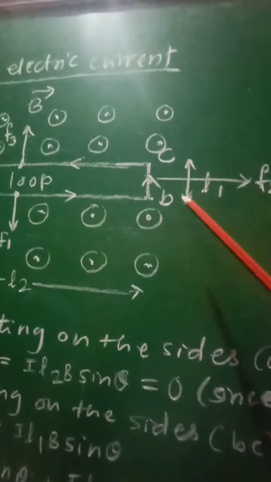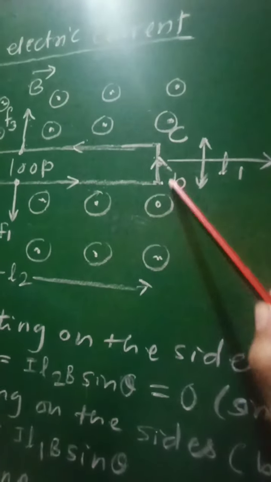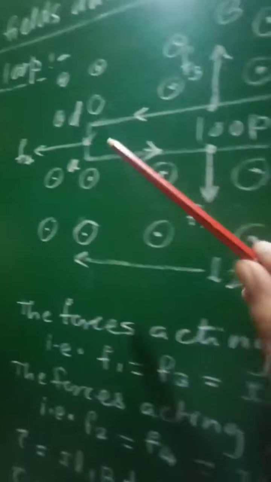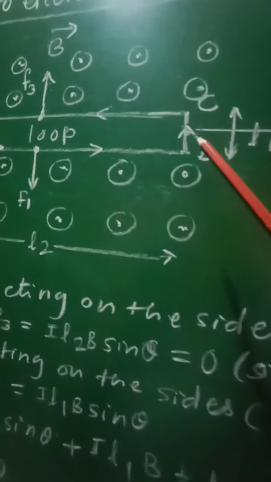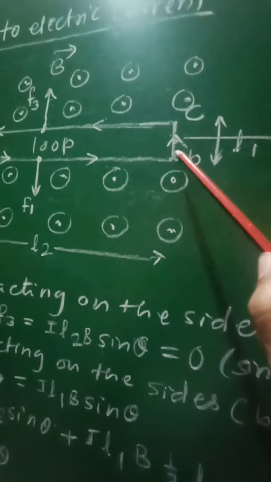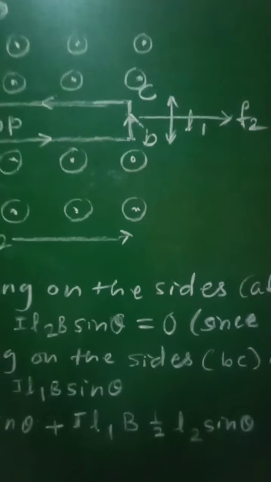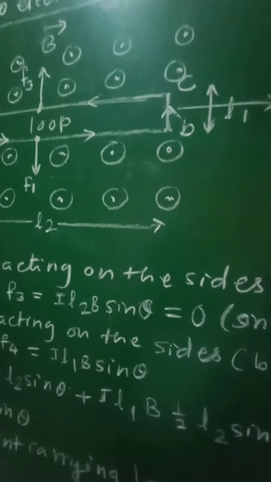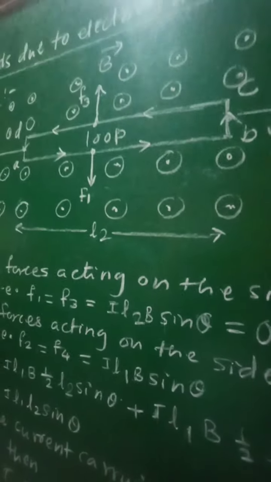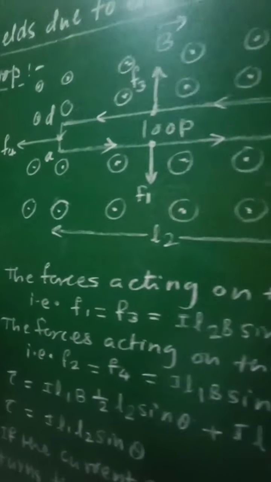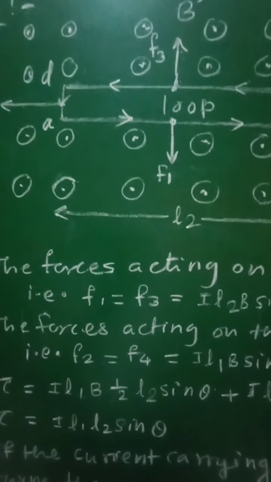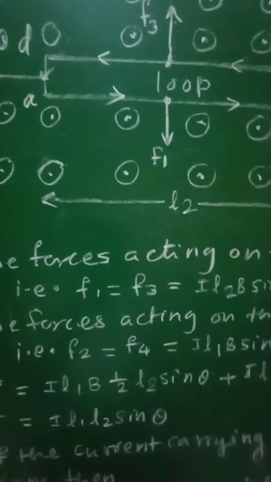Similarly for this side BC, the direction of current is reversed as compared with AD, and the magnetic field is again acting in the same direction, hence the force will be directed towards right, that is F2. So in this way the direction of the forces will be given by the right hand rule for current carrying conductors.